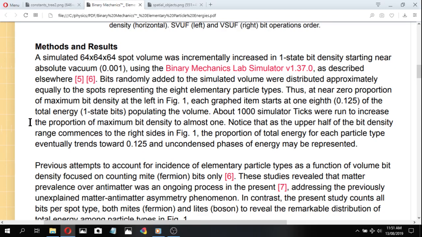About 1,000 simulator ticks were run to increase the proportion of maximum bit density to almost 1. Notice that as the upper half of the bit density range commences, the proportion of total energy for each particle type eventually trends toward 0.125, and uncondensed phases of energy may be represented.